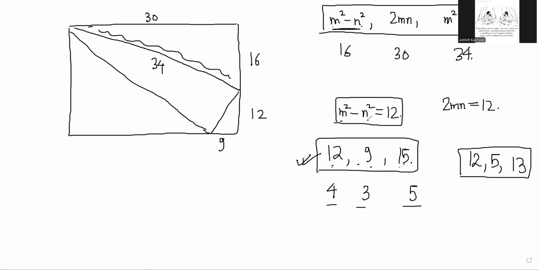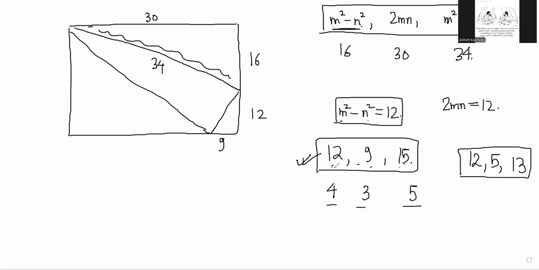There are no two squares which are differing by 12, no? 9 and 16, and then 25, and then 36. 36 and 25 have a difference of 11. And after that, the difference becomes 13, right? So no 12.